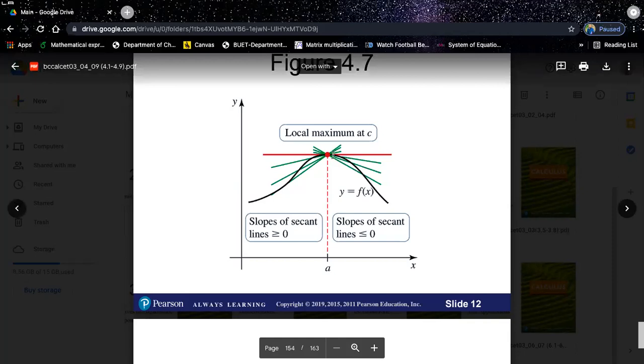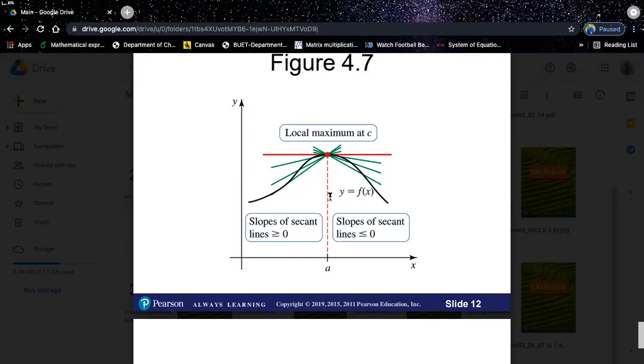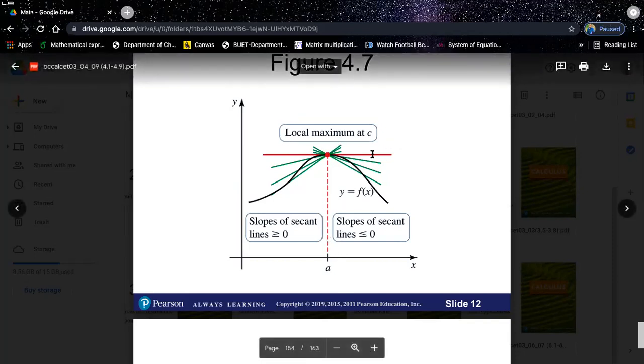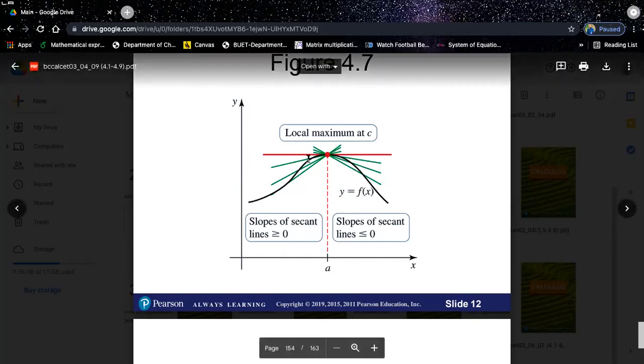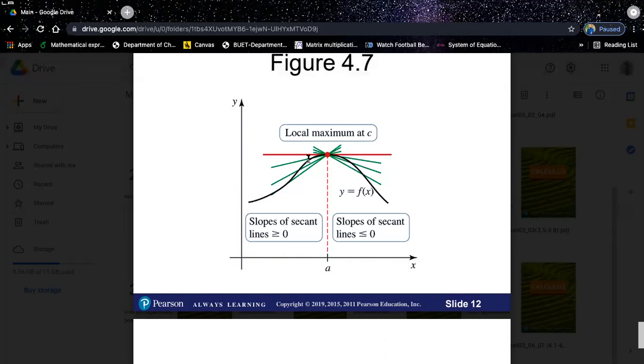This line is parallel, and for a parallel line we don't need to go any further. We just know that a parallel line creates either a 0 degree or a 180 degree angle with the axis. And we know that the value of tangent of 0 or tangent of 180 is 0.